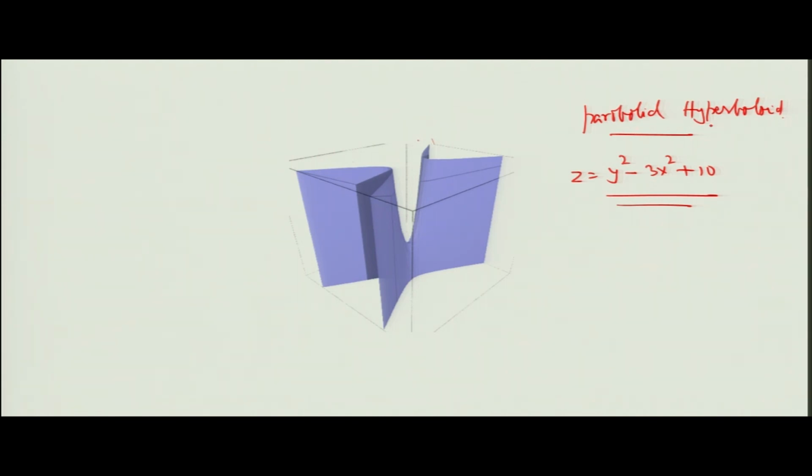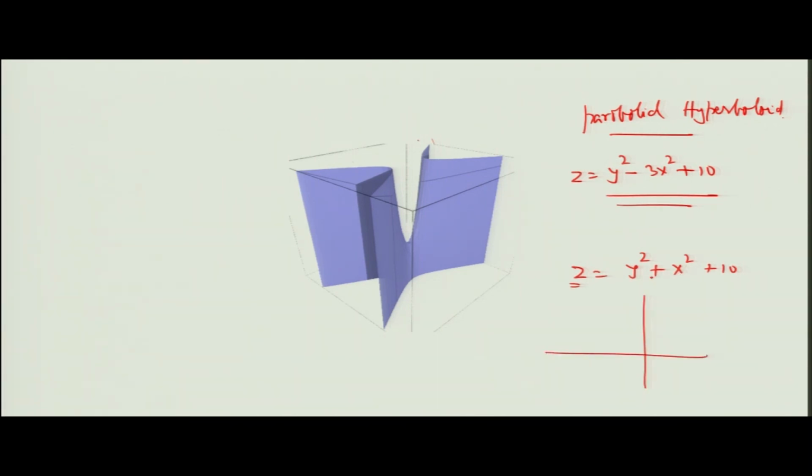The other one I forgot to write, I think you could have taken here as y square plus x square plus 10. If I take that, I will get z increasing with height. So, as z increases, the size of these things will also increase. Just look at it. If z is increasing, the value of x square can also increase.